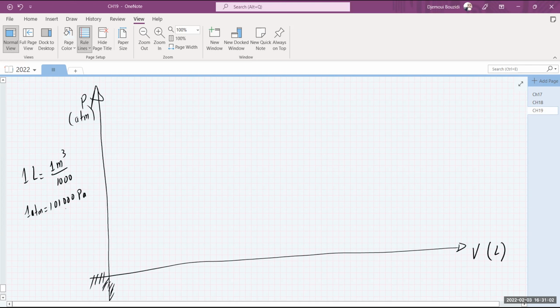So if you're going to use joules again, and if you're going to use the value of R, which is 8.314 joules per Kelvin per mole, you better be careful with the units, because this is in joules. And if this is in atmospheres and this is in liters, you have to keep these two conversions in mind, okay?